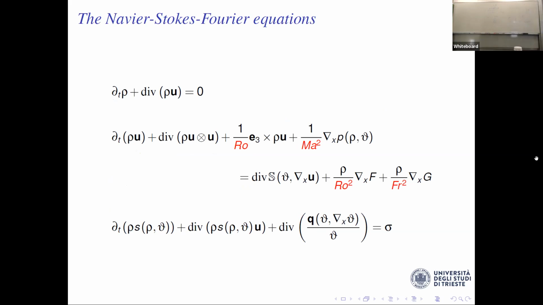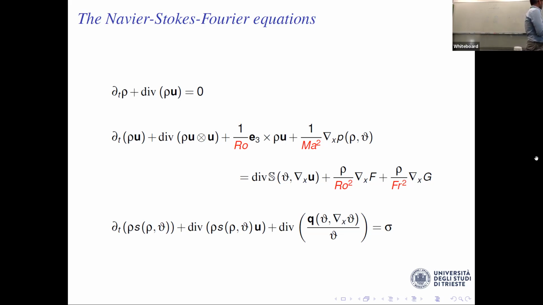Here you have the pressure term, and on the right-hand side, you have the divergence of the viscous stress tensor S. In a first approximation, you can think about this term like a Laplacian. Then we have two external forces: capital F, that is the centrifugal force, and capital G, that is the gravity.